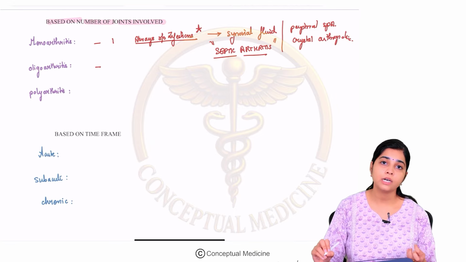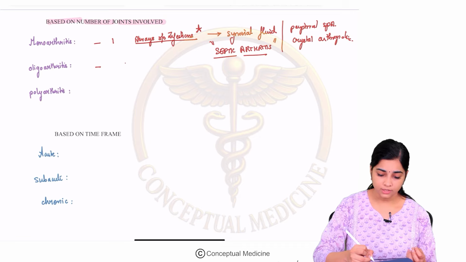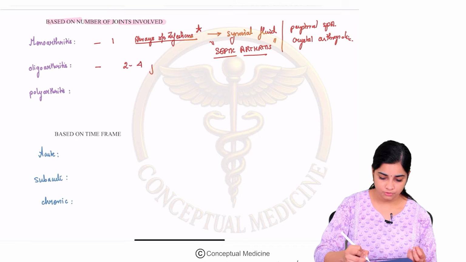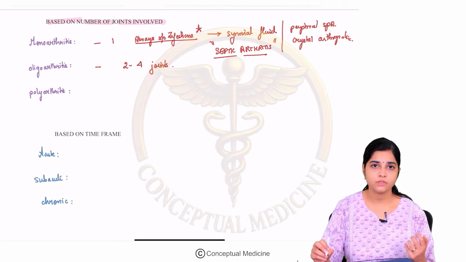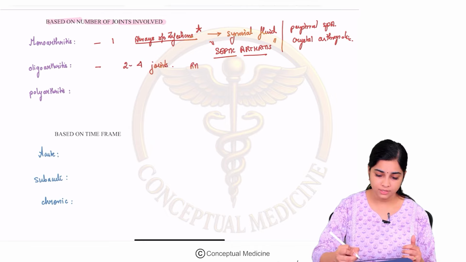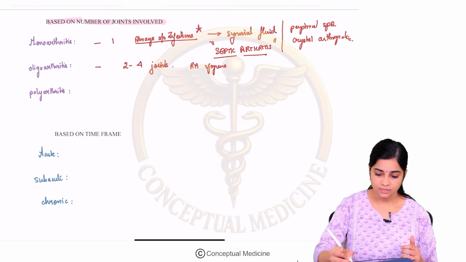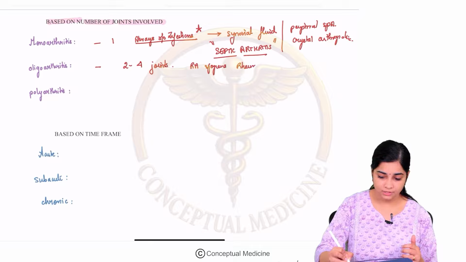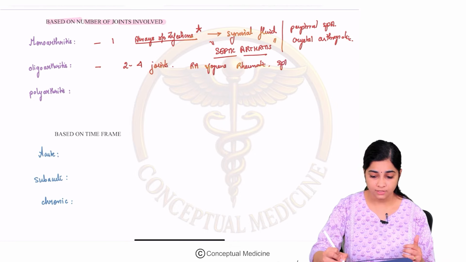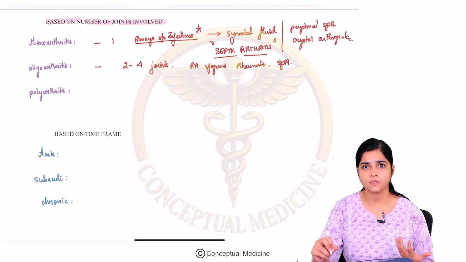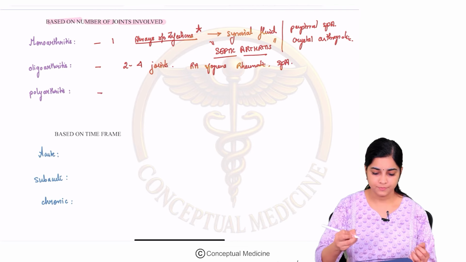Then oligoarthritis means what? Oligoarthritis is when 2 to 4 joints are involved. So what are the causes for oligoarthritis? Rheumatoid arthritis can cause it, then Sjogren's can cause oligoarthritis, then you can have rheumatic fever which can cause oligo to polyarthritis, right? You can have spondyloarthropathies. So there are a lot of causes of oligoarthritis.